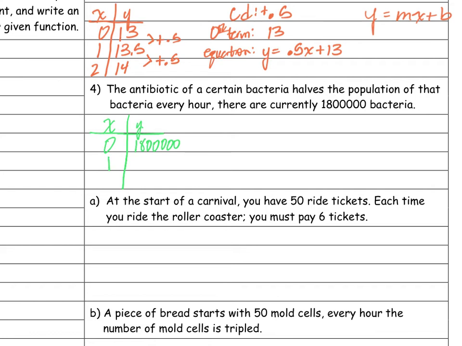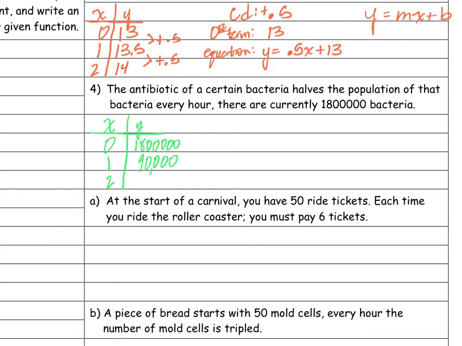So that is, I don't know how many zeros that is. I have to think about it. 1,800,000 divided by 2, so it's cut in half, 900,000. Okay, and after 2 hours, it should be 450,000, but let's just check. Yep, 450.